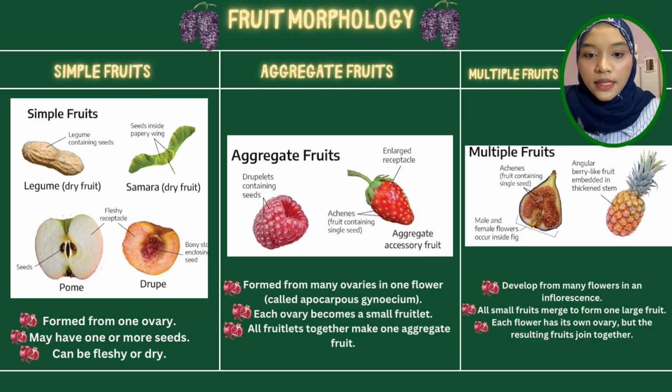The second one is aggregate fruits, from multiple ovaries of a single flower. Examples of the fruit are strawberry and raspberry. The last one is multiple fruits, developed from the ovaries of many flowers. Examples of the fruit are pineapple and jackfruit.